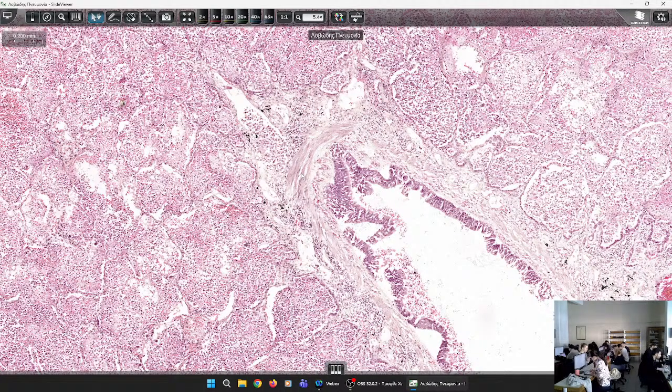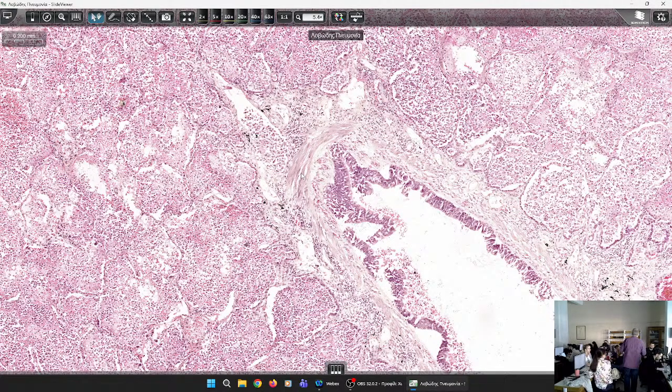However, the bronchus shown here has no pathology because the lesion affects only the alveoli, and that's what we are going to see. So it is not some sort of bronchopneumonia, meaning inflammatory infiltrate of the bronchus wall and the adjacent alveoli.